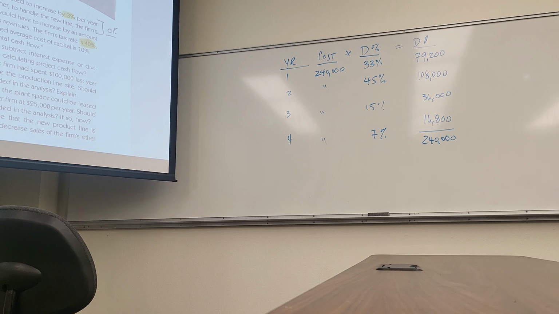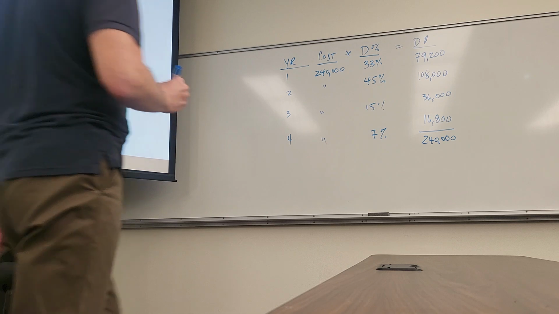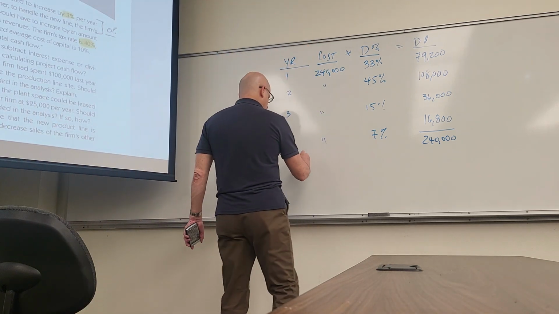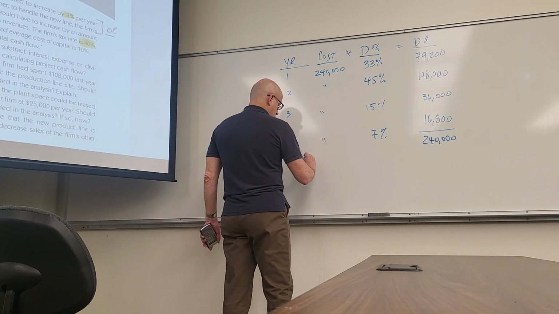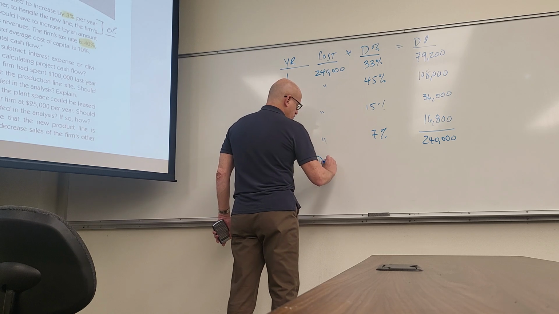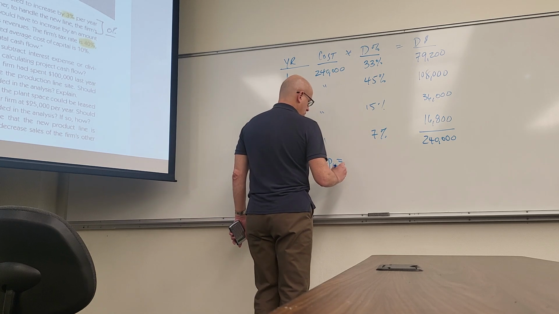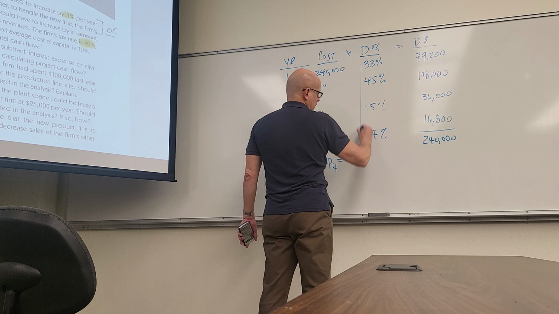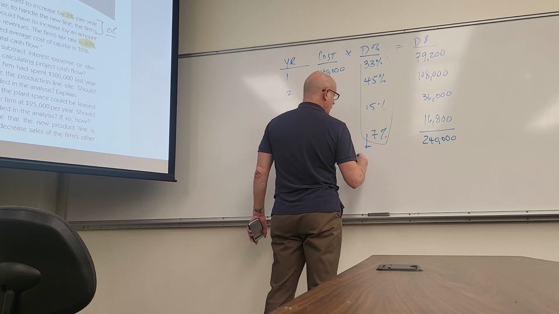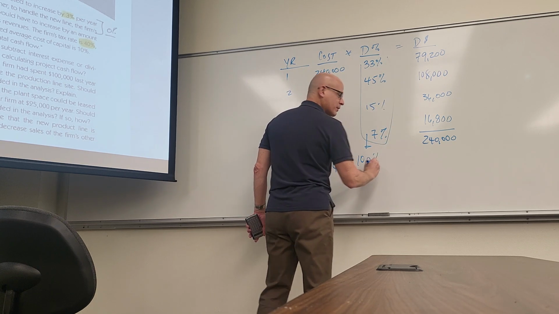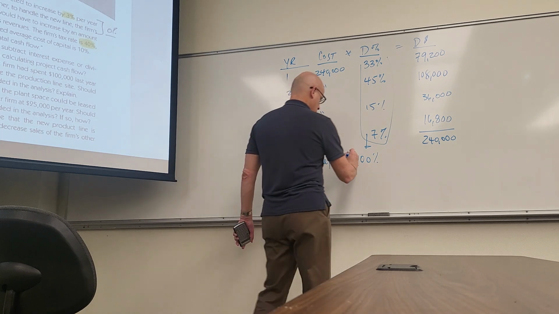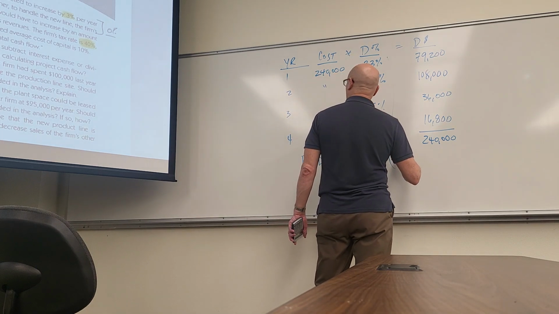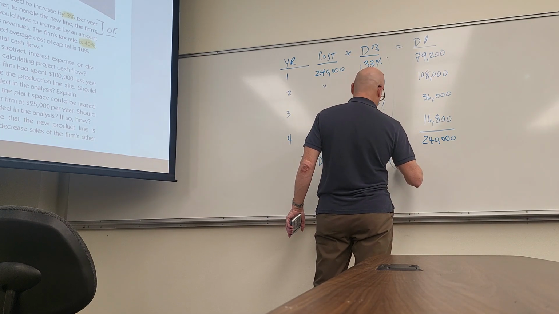Let's see, after year 4, what's our book value going to be? Well, let's see. Accumulated depreciation in year 4 will be the sum of all that, 100%, times our cost, 240.